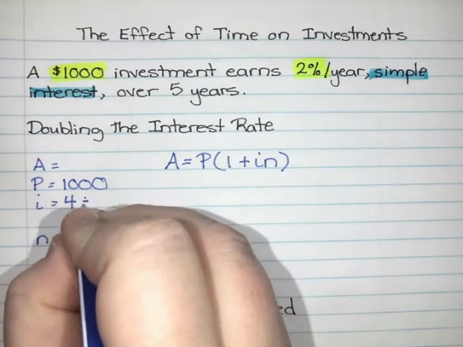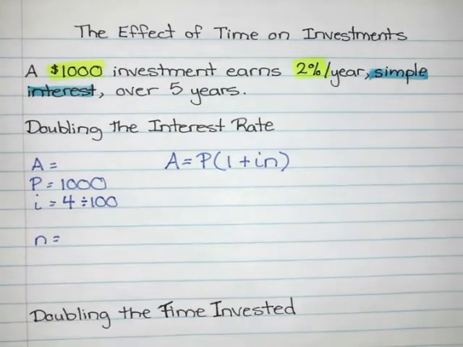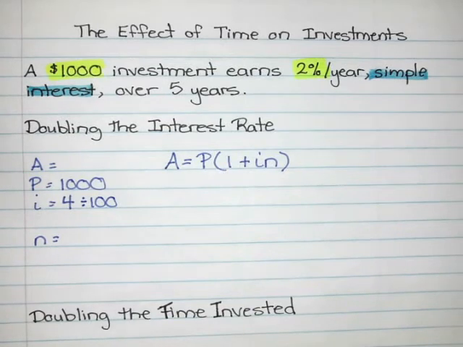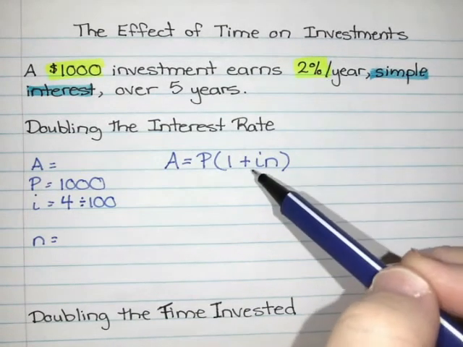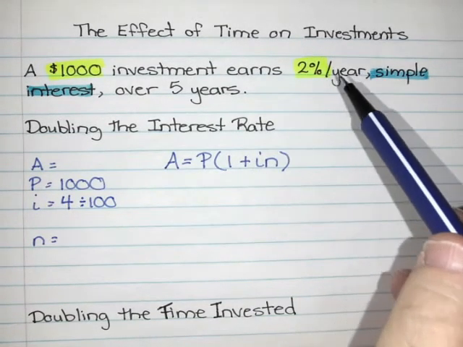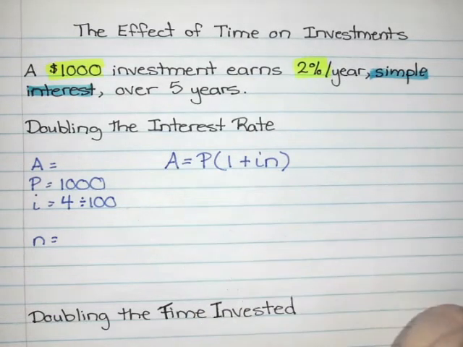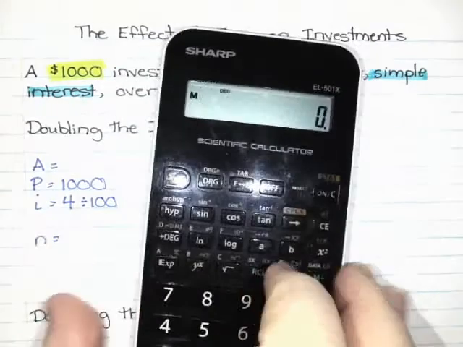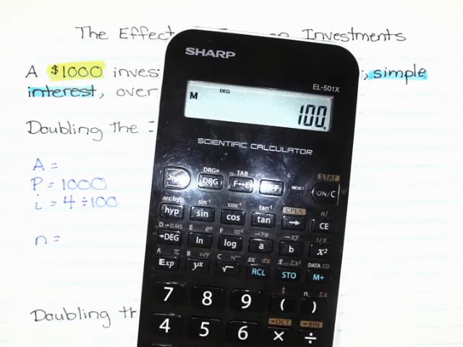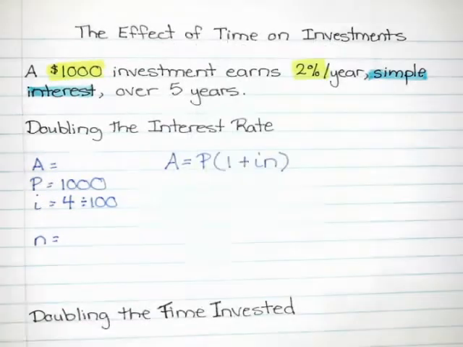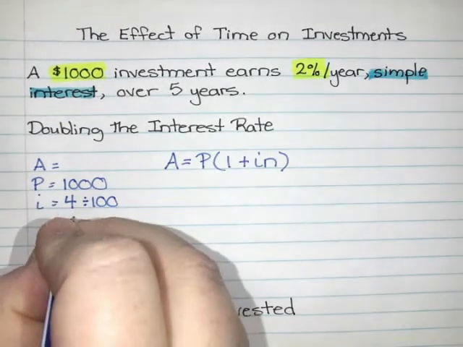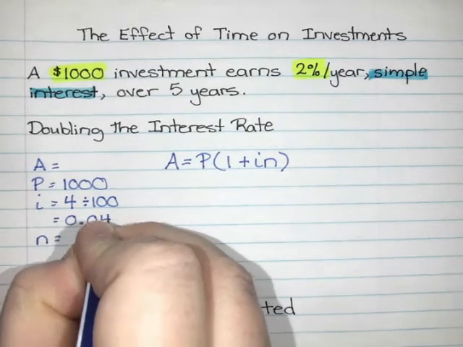So I need to divide by 100. And we are dividing by 100 because you cannot put a percent into your calculation, and percent means per 100, so we divide it by 100. So 4 divided by 100 is 0.04. So my I value is 0.04.